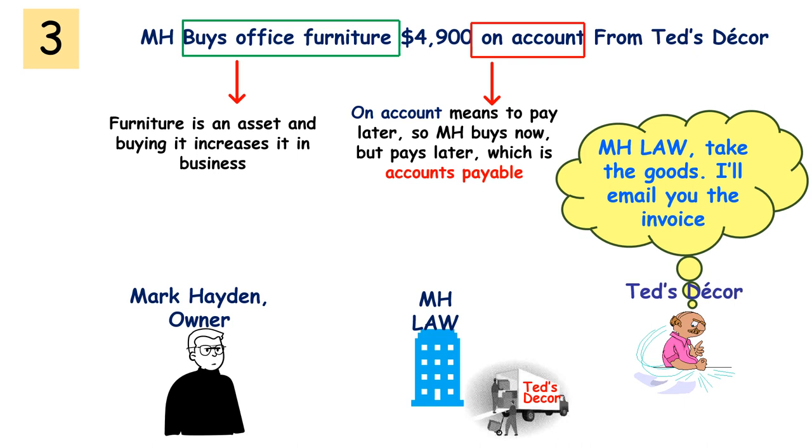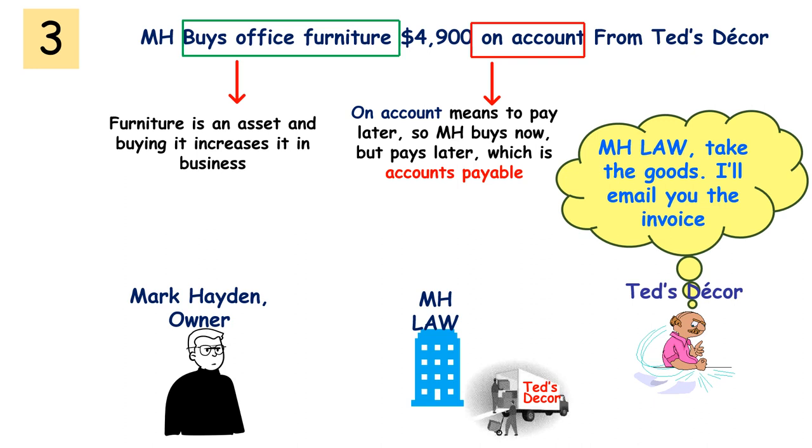Now, when you buy something on account, you are not paying for that on the spot. You will pay for it later. So that creates for you an account to pay later, and we call that accounts payable. So Ted Decor becomes an accounts to pay for by Image Law. So it's an accounts payable. An accounts payable is liability.